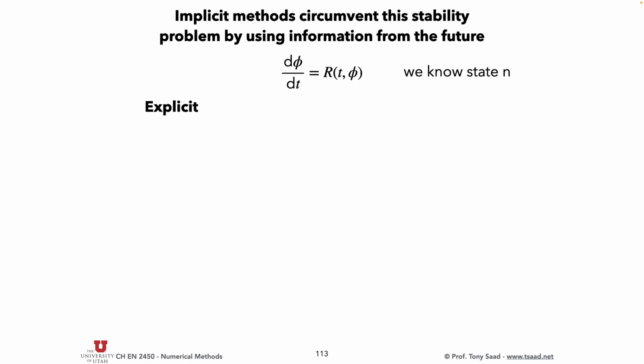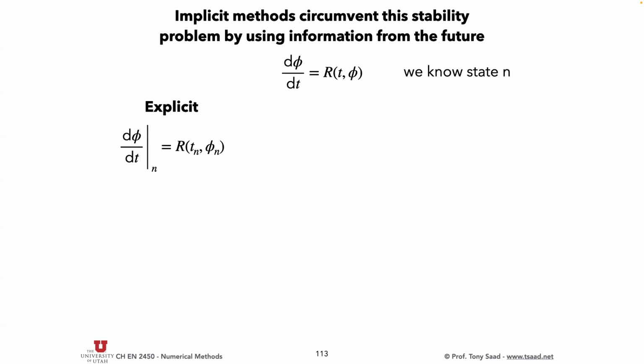That's what the forward Euler method is doing. Your new location, phi1, only depends on phi0 and r0. And that's why we have these problems with stability. Unless you drive very, very slowly, you're probably going to crash your car. Maybe even if you drive slowly, you'll crash it. Don't do this at home.